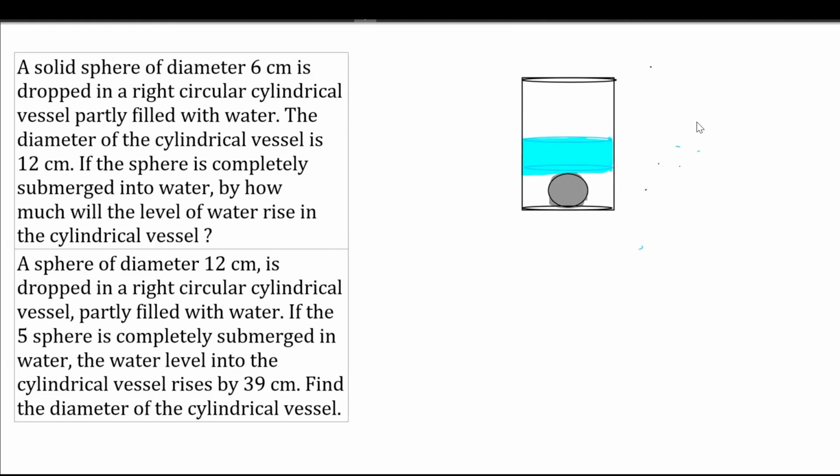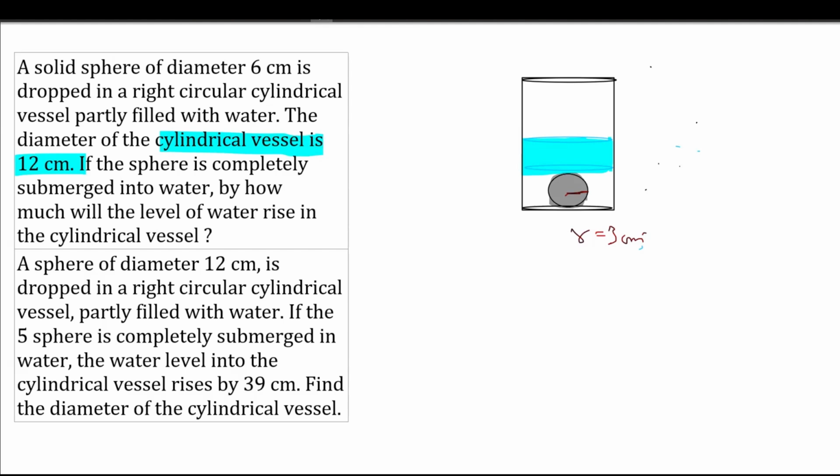Now check here, what are the dimensions? We know the diameter of this sphere, so I can take the diameter as 6. So the radius will come as how much? This would come as 3 centimeter. And if I see that vessel, which is cylindrical, its diameter is how much?